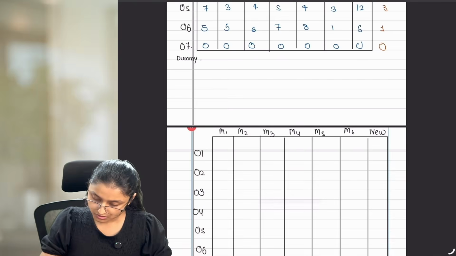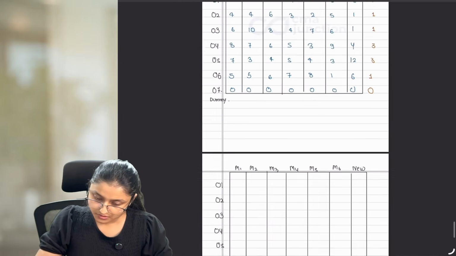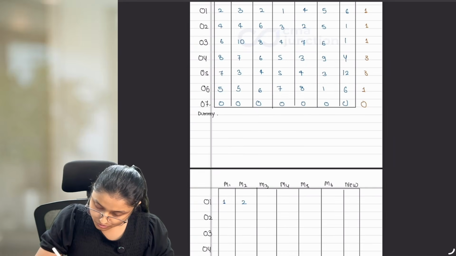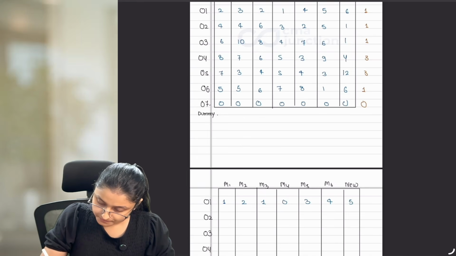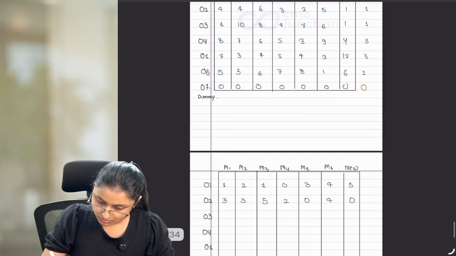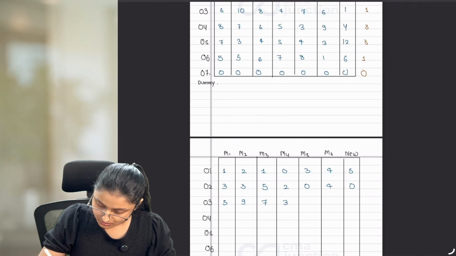Now let's draw a new table. So 2 minus 1 is 1, next 3 minus 1 is 2, 1, 0, 3, 4 and 5. Next 3, 3, 5, 2, 0, 4, 0. Next 5, 9, 7, 3, 6, 5, 0.